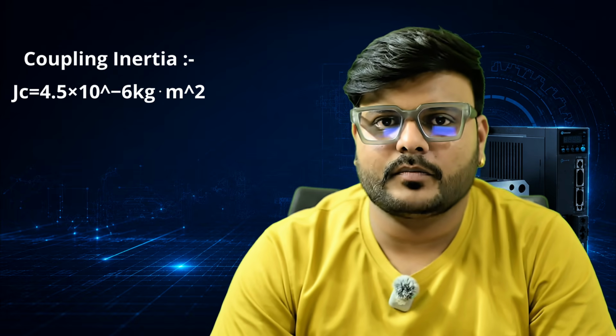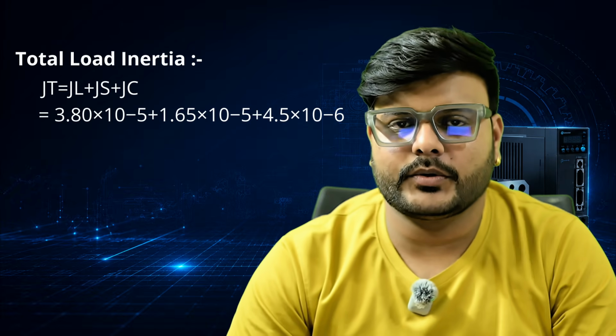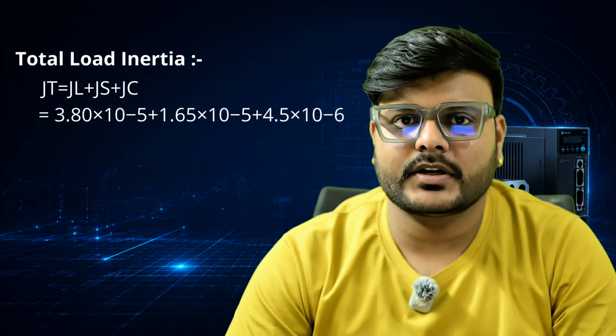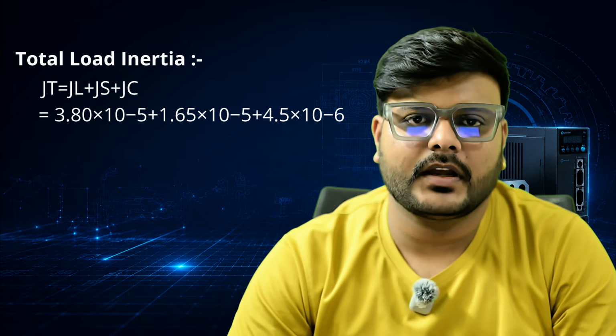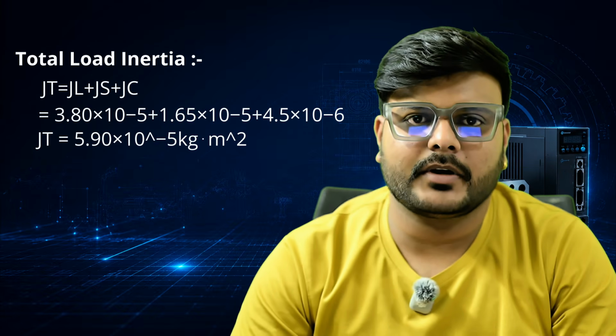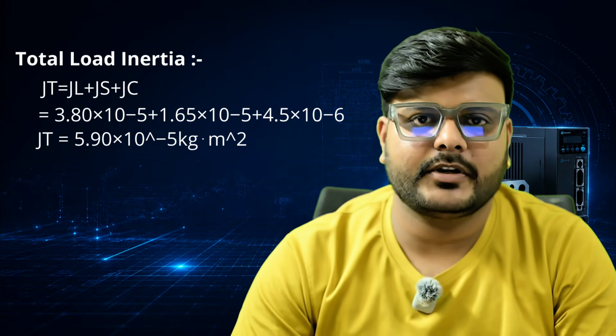Next is coupling inertia, which we selected in the previous video from a manufacturer's catalog, and our selected value is 4.5 multiplied by 10 raised to minus 6 kg meter square. Next is total load inertia, which we calculated in the previous video, which is load inertia plus ball screw inertia plus coupling inertia, and our total load inertia is 5.90 multiplied by 10 raised to minus 5 kg meter square.